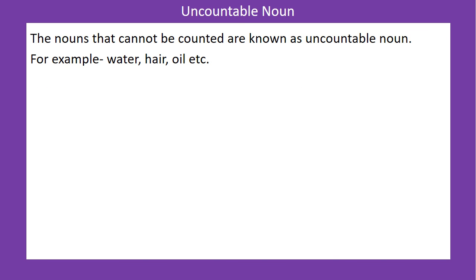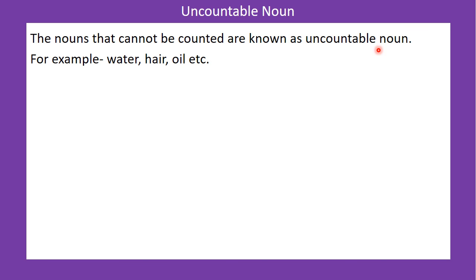In this slide we are going to learn about uncountable noun. The nouns that cannot be counted are known as uncountable nouns. Let me explain again in short words. Uncountable nouns are the nouns which we cannot count. They are not countable.